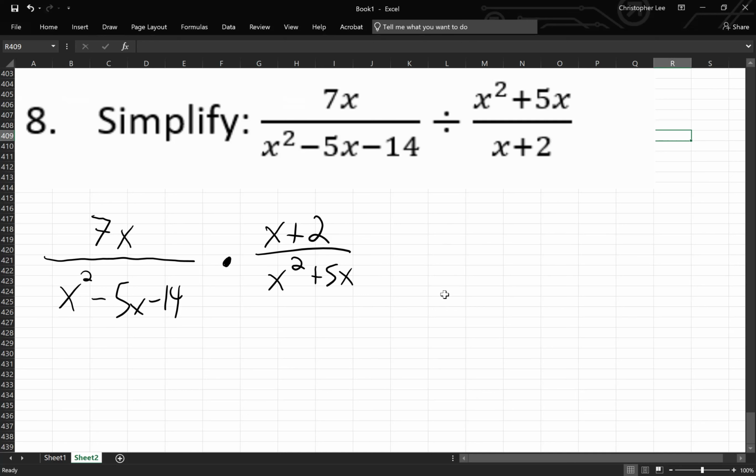Now, let's do everything else. Let's factor, cross out like terms, all that good stuff. So factor this for me, please. What do I have? So x minus 7 and x plus 2. Very good. Two numbers that multiply to give you negative 14, and when you add them together, will give you negative 5.